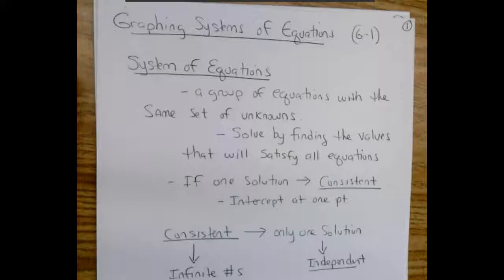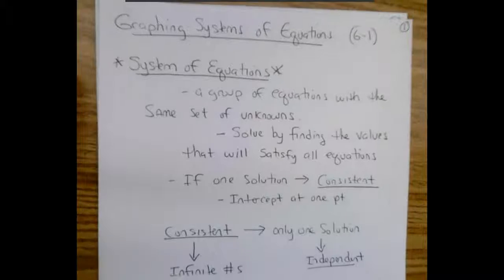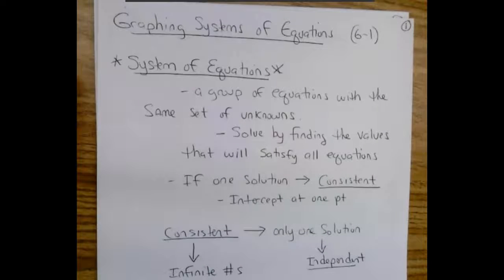When we go over a quick review of this and go over problems, make sure that you're asking questions. Okay, so the first important word we see here is systems of equations. A system of equations is a group of equations with the same set of unknowns. We might have y equals 3x plus 2 and y equals negative x minus 17.